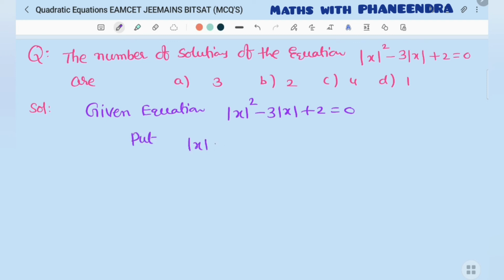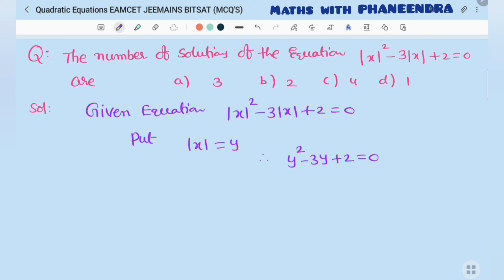Put mod x is equal to y. So it becomes y square minus 3y plus 2 equal to 0.